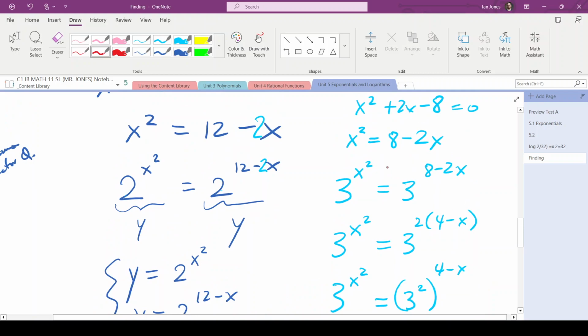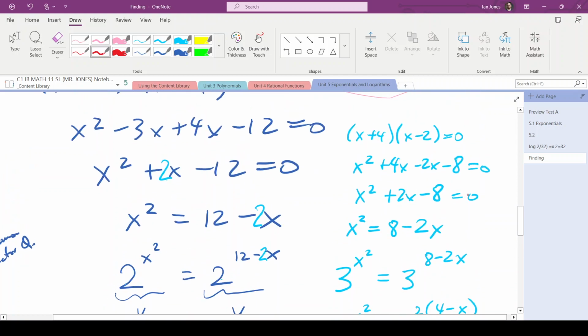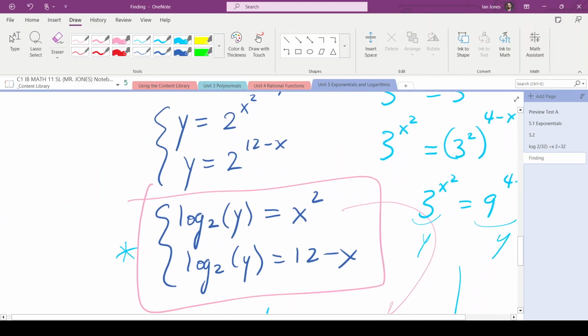You say the only way that this could equal this is if the exponents equal each other. Then you put everything over to one side, equals 0. And then you wouldn't write this middle step, but you'd factor to this, and then you would say, oh, well, x must be negative 4 and 2. That's cool. That's a good question.